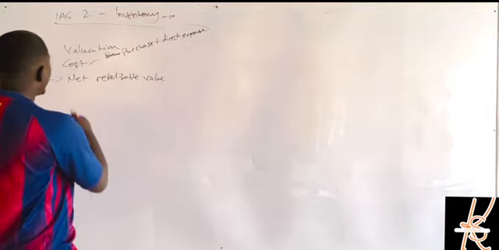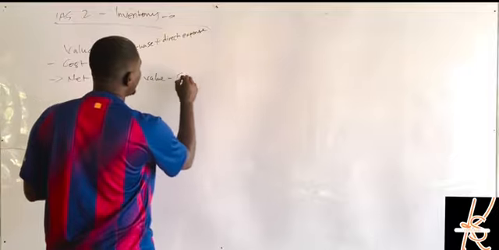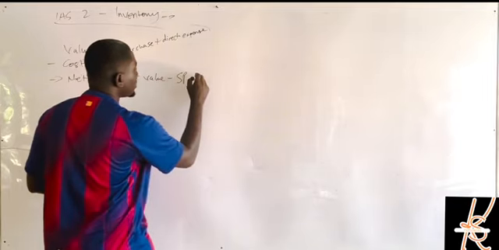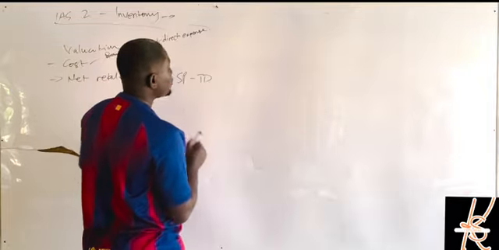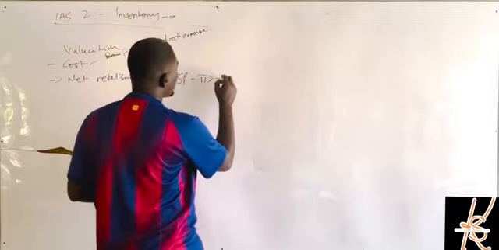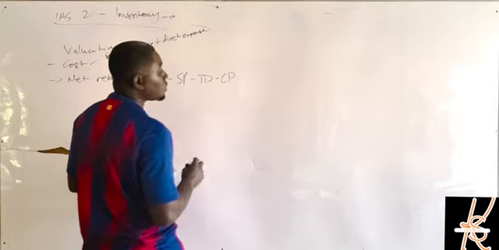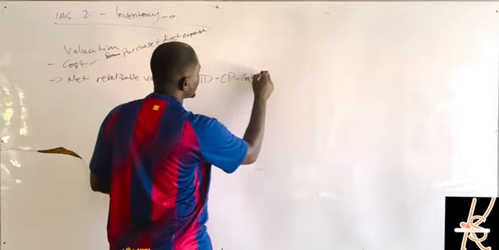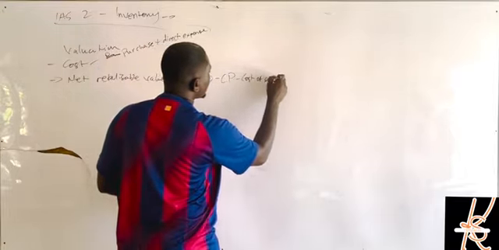When we talk about the net realizable value, we have the selling price, which is how much you are selling it for when you go to the market. Then we less our trade discount, TD. And then we less our cost of production, and then we less our cost of selling.